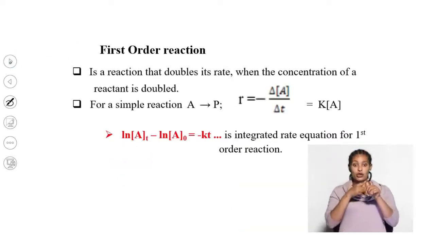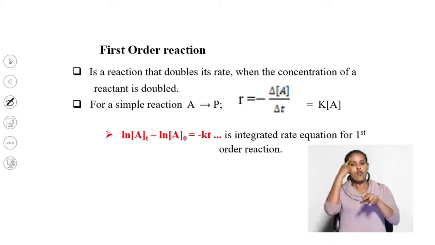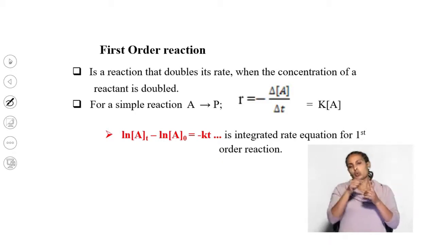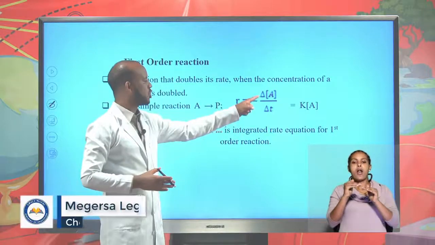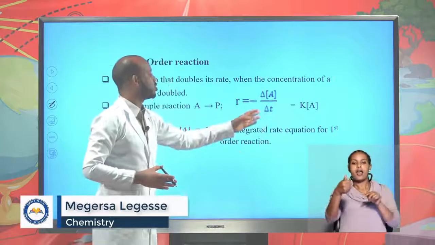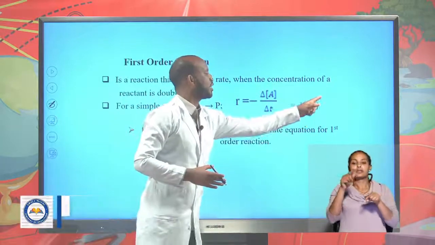A first order reaction is a reaction that doubles its rate when the concentration of a reactant is doubled. For a simple reaction A to product, rate equals minus change in concentration of A divided by change in time, equals k times concentration of A raised to 1.